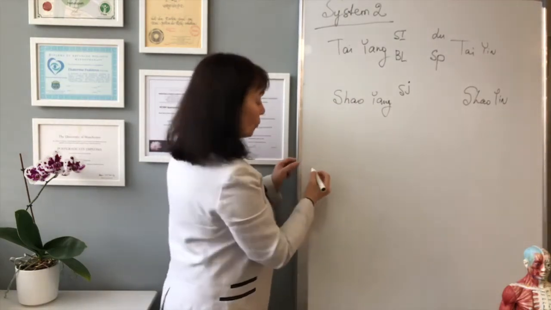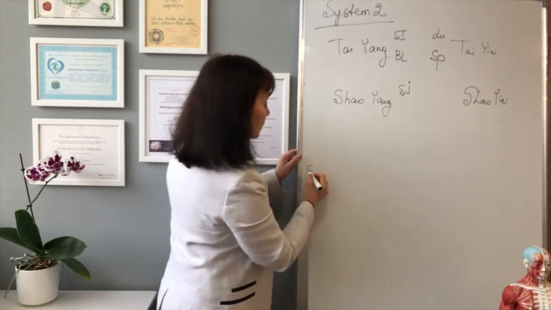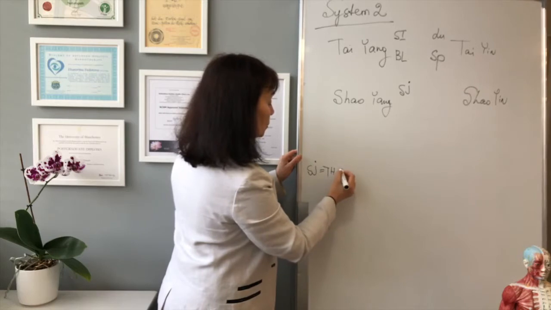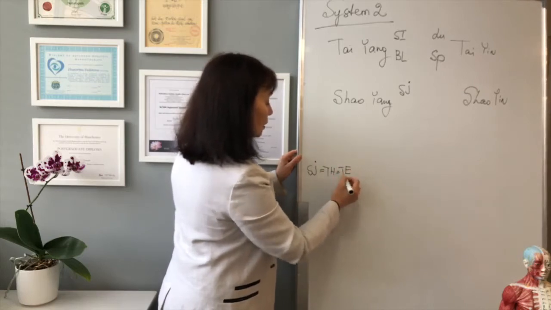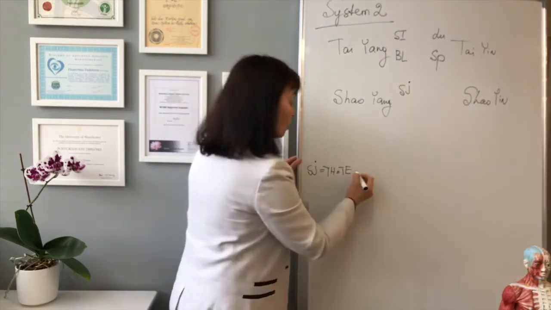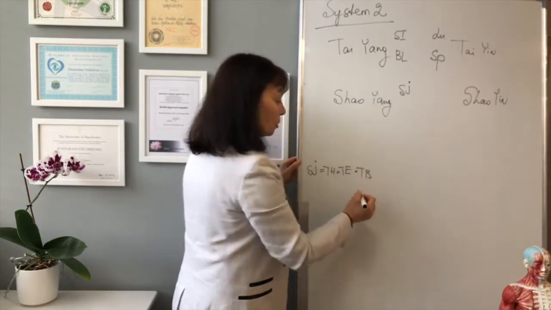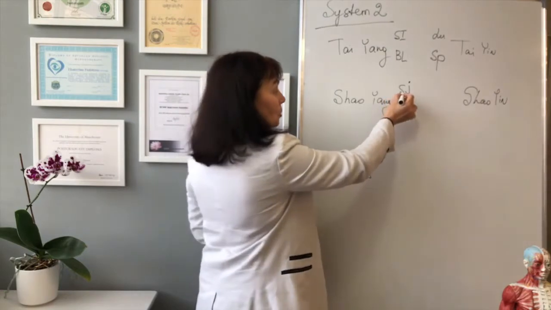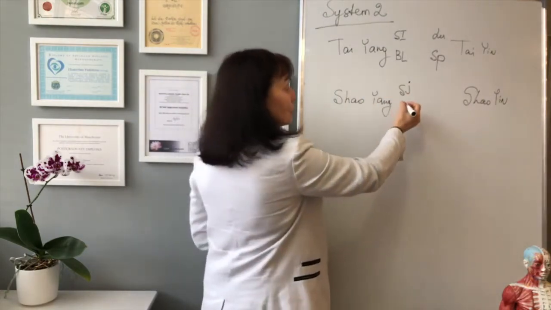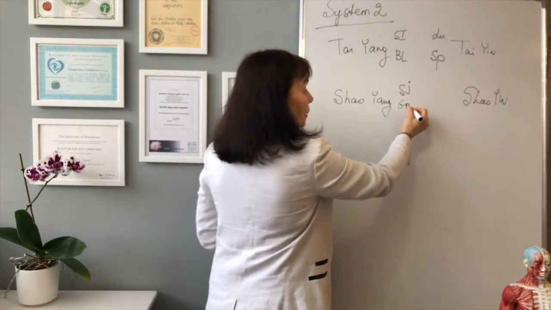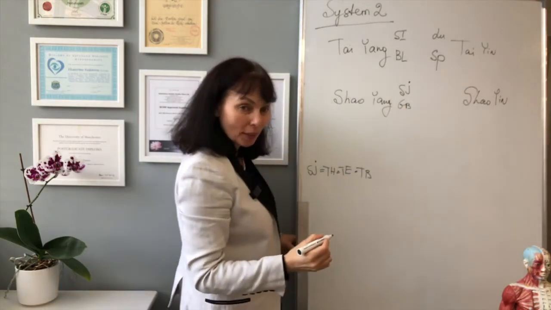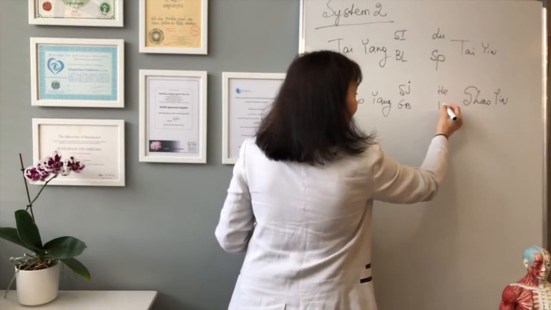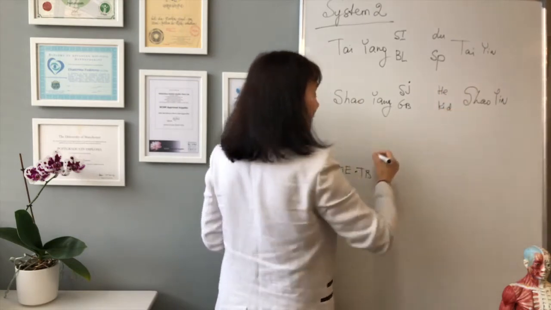Just let you know that whenever you find Sanjiao, it is equal to triple heater, equal to triple energizer, or triple burner. It's all the same. So Sanjiao and gallbladder. Well done. And what is Shaoyin? Heart and kidney. That's right.